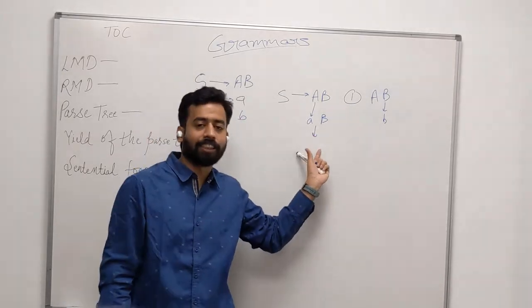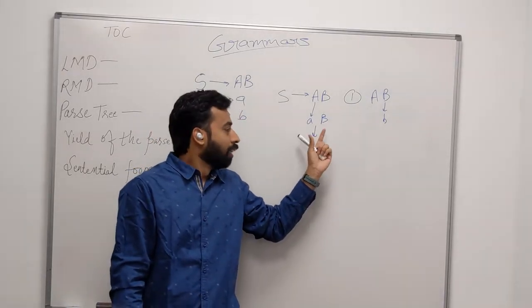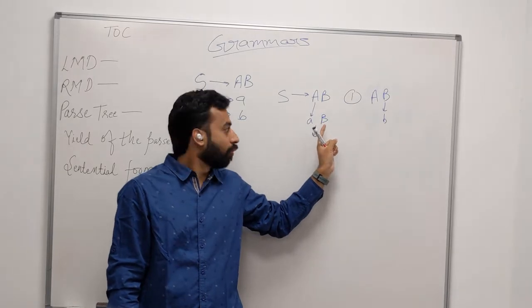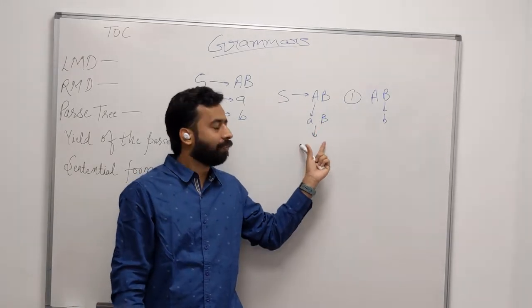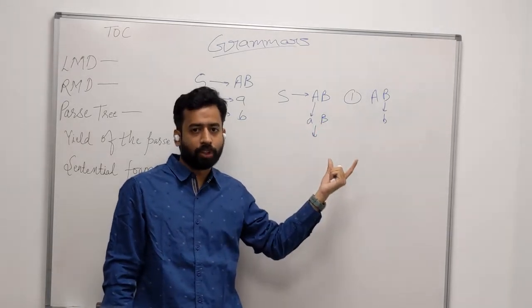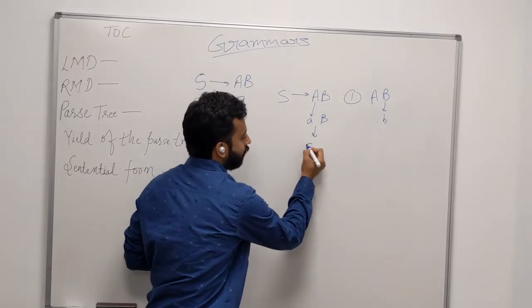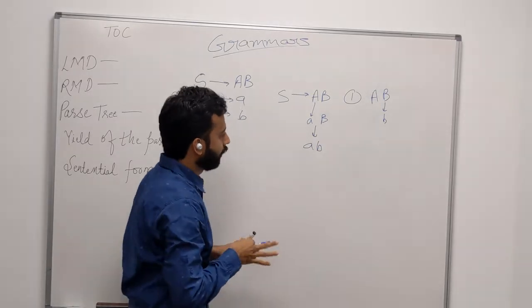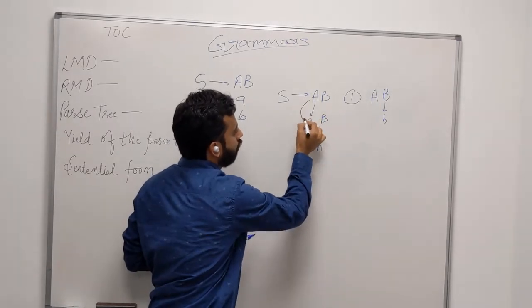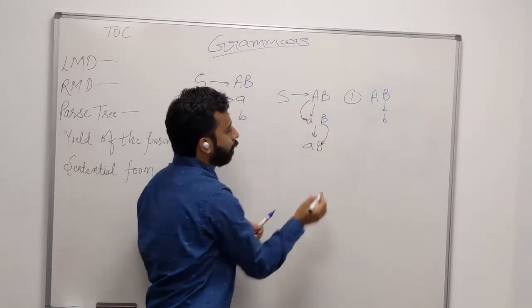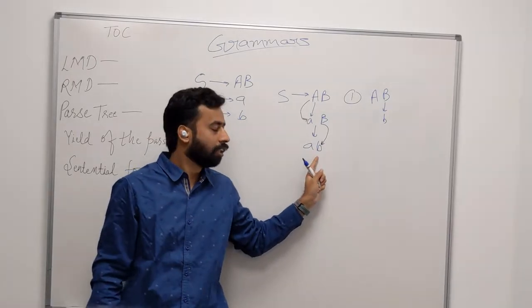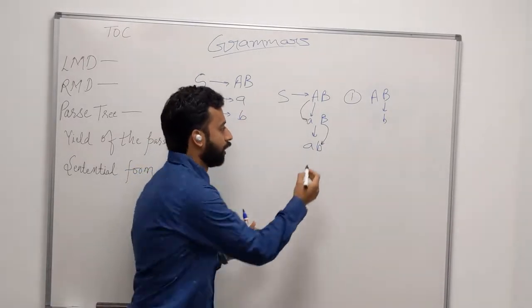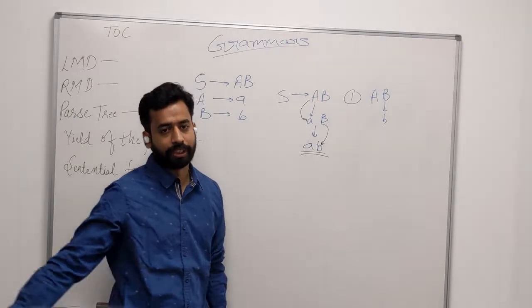In the next step, since there is only one non-terminal here, I have to replace the remaining non-terminal, so capital B is replaced by small b. So small a small b, ab, is my string.